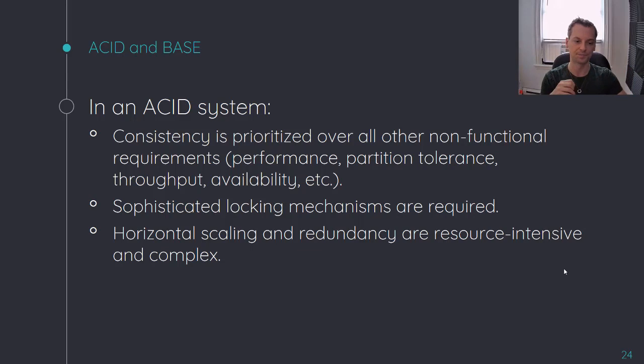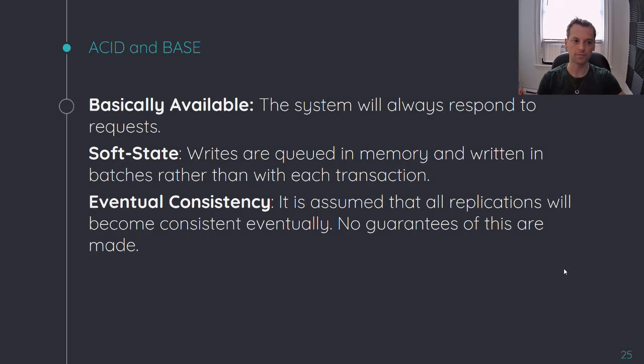I'm updating it right now. And generally speaking, horizontal scaling and redundancy are very difficult to do in an ACID system, and they're resource intensive and complex for a similar reason. You need to have a lot of communication between all of these nodes to lock everything, to update everything, and so on. So yeah, it's definitely a challenge.